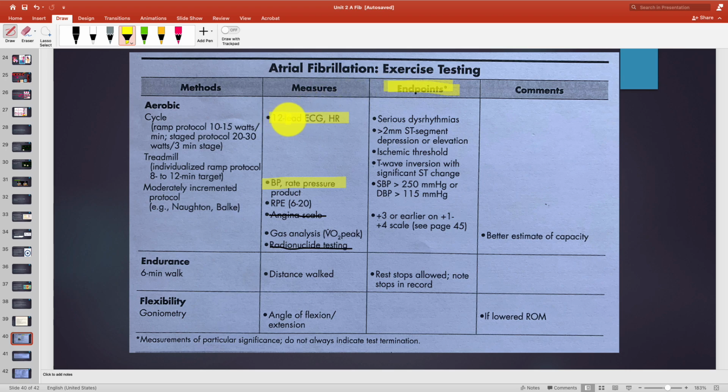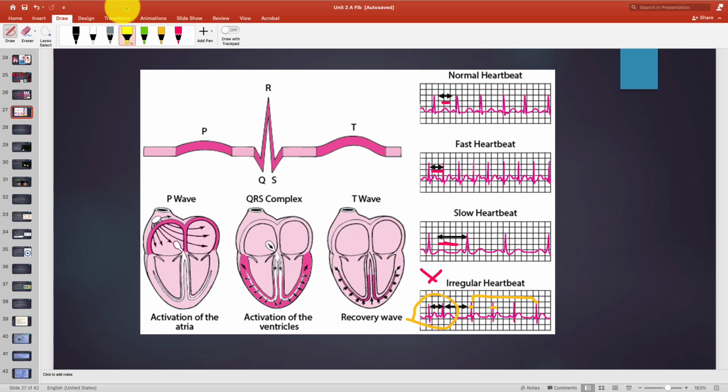So if we have a 12-lead ECG while somebody is on a cycle and we see severe dysrhythmias, that means we're going to see major irregularities in R waves, in P waves, in Q waves, right?